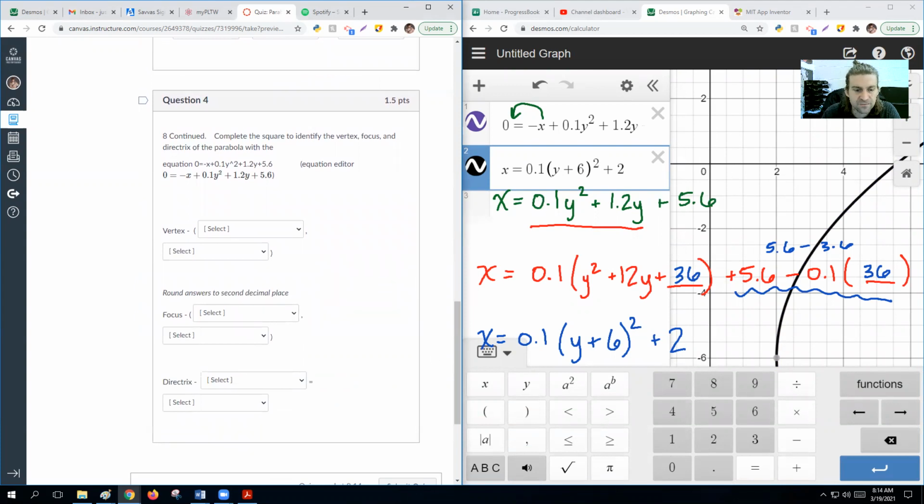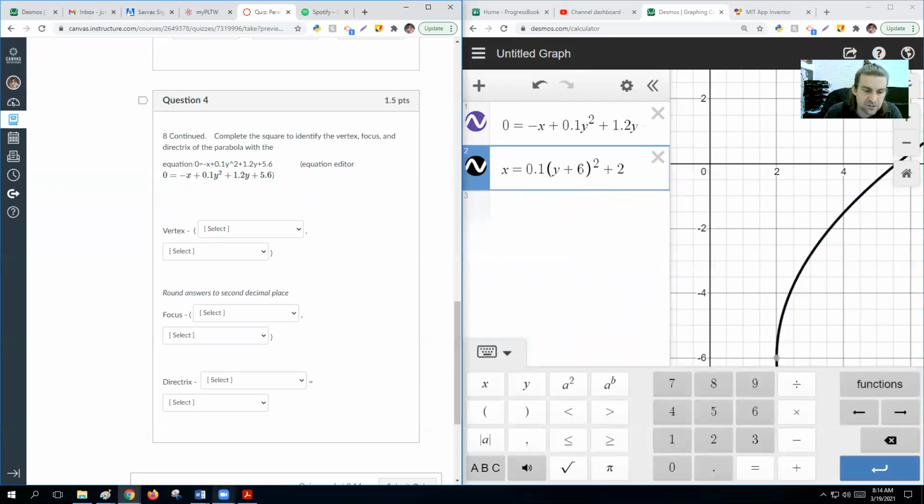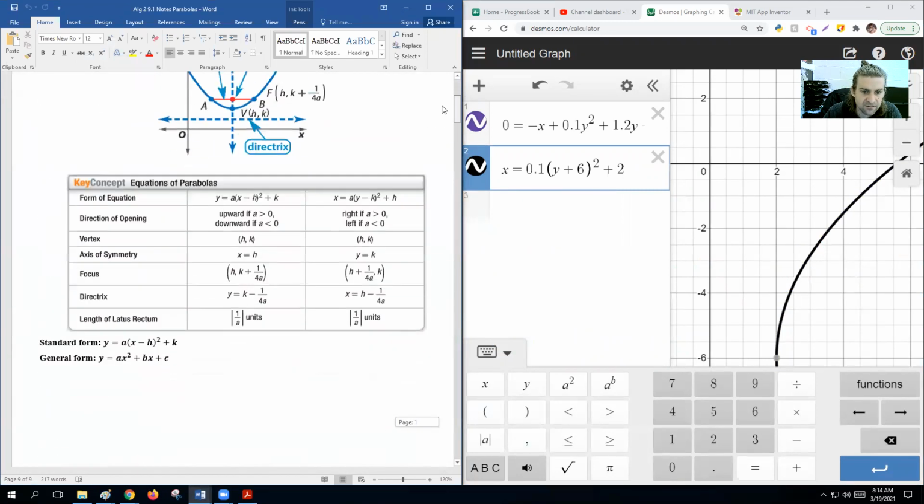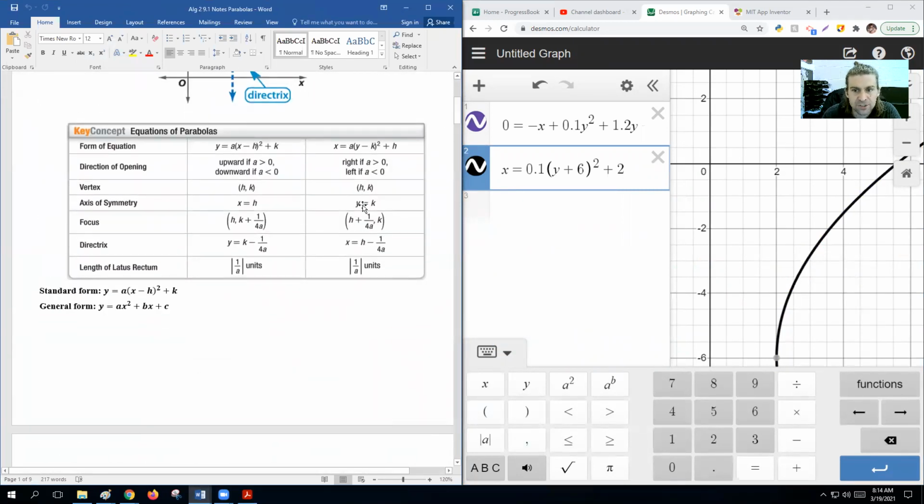Okay, when it comes to finding the focus and the directrix here, I'm going to clear this off. The vertex, the focus, and the directrix do change a little bit based off of our direction. So the vertex is still going to be at (h, k). Just keep in mind when it's x equals, our h is the outside number, the k is the inside number.